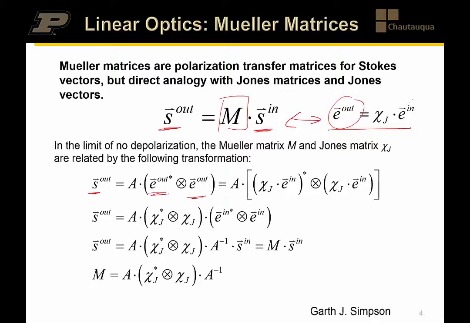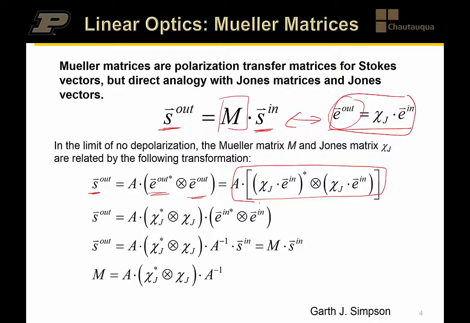So we can then substitute the Jones matrix, chi j, times the incident electric field for the outgoing electric field in this equation, and you end up with this nice equation right here.